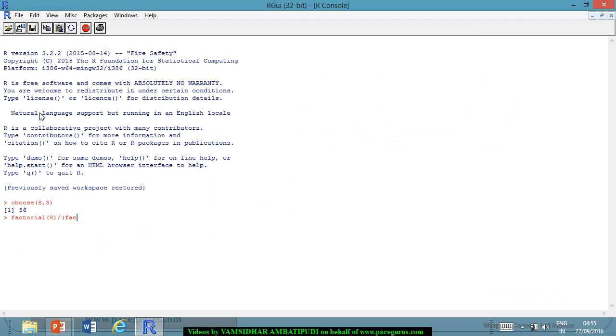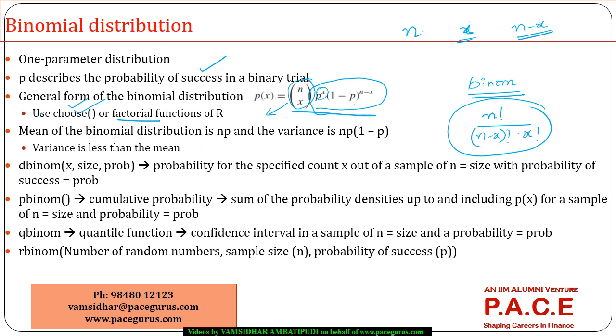So I'll say factorial of 5 multiplied by factorial of 3. So this is also coming out to be 56. So one way, if I want nCx, I can do that activity.